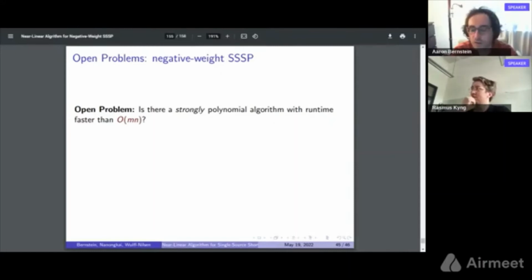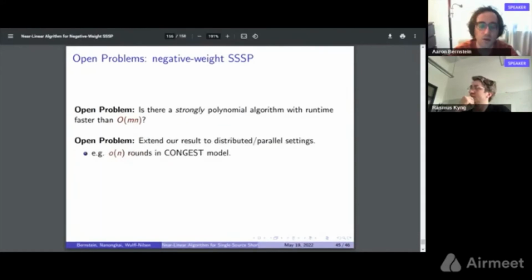So there are also some more minor open problems. For the case with scaling, we've mostly settled the problem, but there are two things. One is, I mentioned that one nice thing about the fact that we're using more standard combinatorial tools is that they're the sort of tools that one could port into the distributed or parallel models. For example, in the CONGEST model, although there's a lot of work on shortest paths with positive weights, I don't think anything non-trivial is known for negative weights.